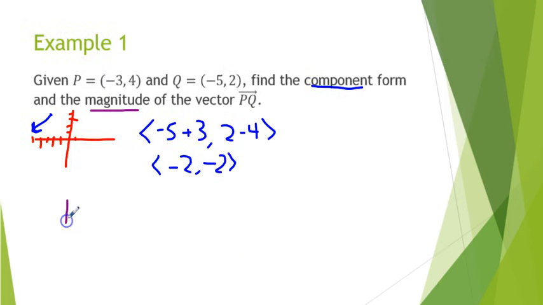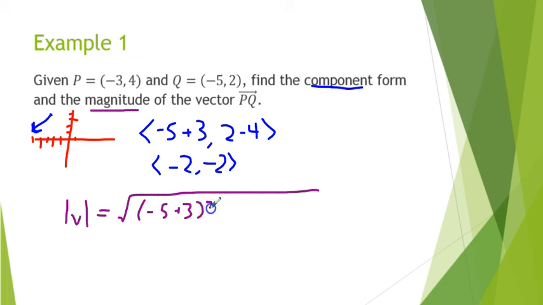So I can set up the magnitude is equal to the square root of x2 minus x1 squared plus y2 minus y1 squared.